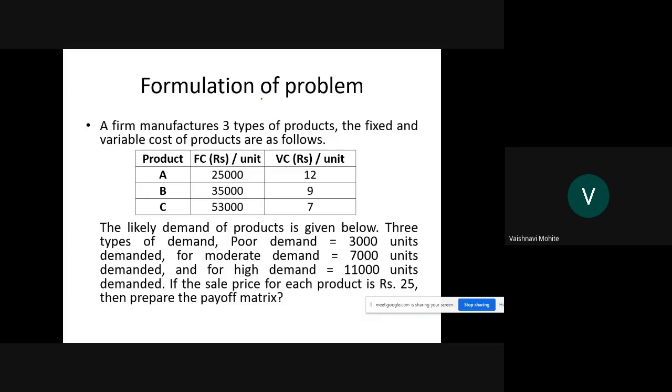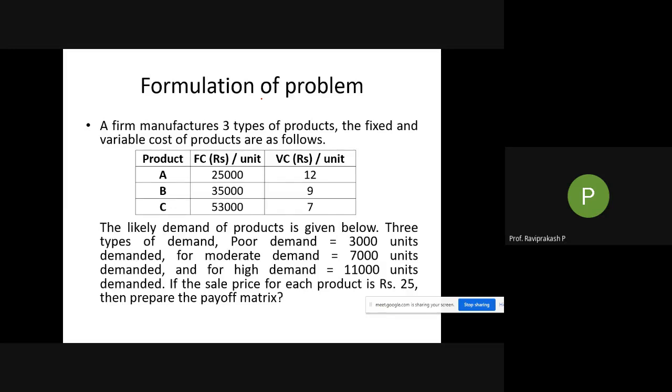Okay, fine. So next, the likely demand of products is given below. Three types of demand.